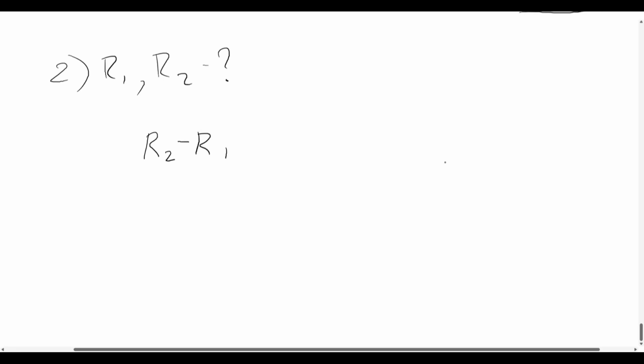We can write it this way. R2 minus R1 equals V times P over 2.